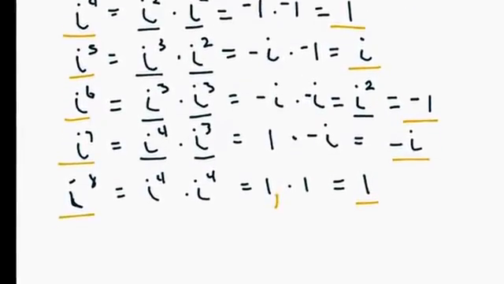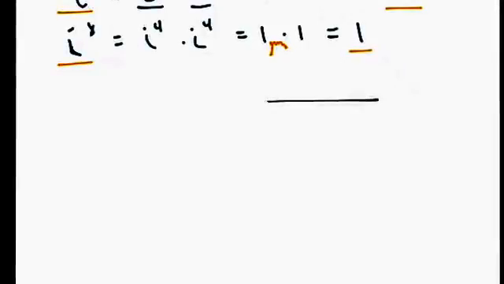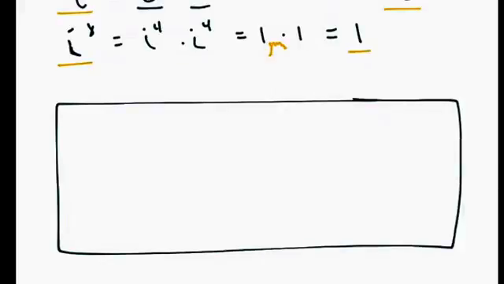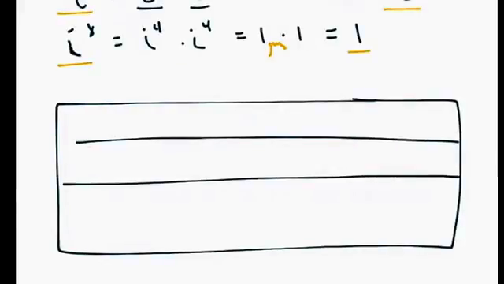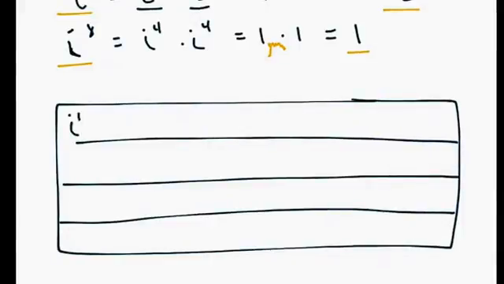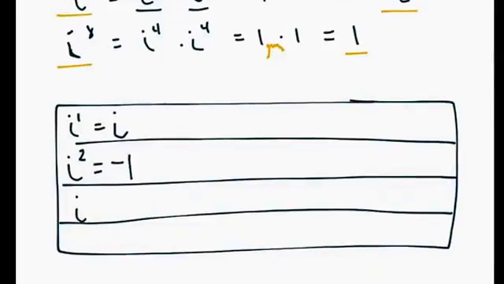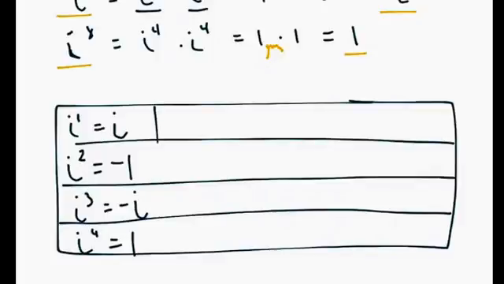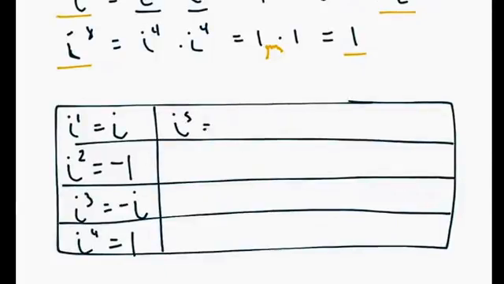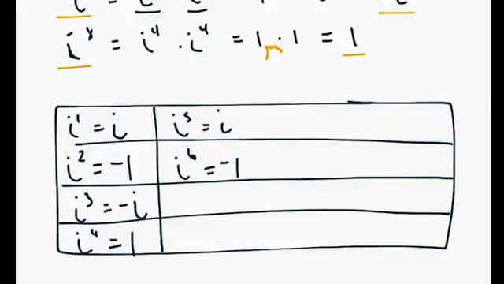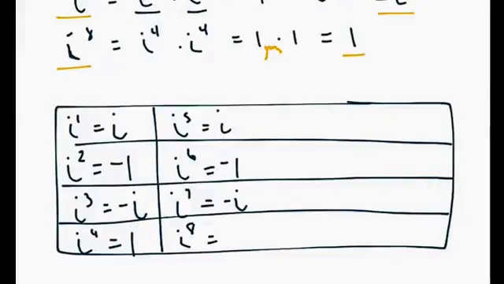So what I'm going to do now is make a table with all of these values. i to the 1 equals i, i squared equaled, if you look back up at your table, negative 1, i cubed equaled negative i, and i to the 4th equaled 1. i to the 5th equaled i, i to the 6th equaled negative 1, i to the 7th equaled negative i, and i to the 8th equaled 1.